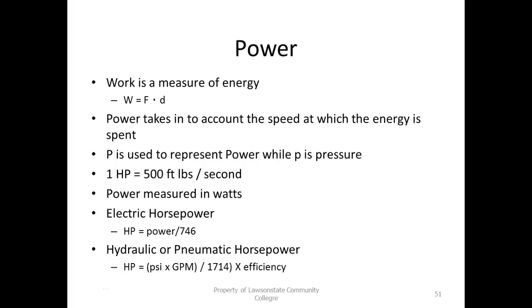So if I knew the current required by my motor, and I know what voltage it runs on, I could multiply the two together. Then I could divide that by 746, and that would give me the equivalent horsepower that motor would generate. Okay. So normally when we buy a motor, we buy it according to horsepower, right? You understand that?